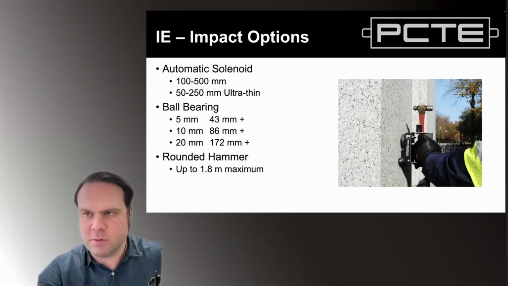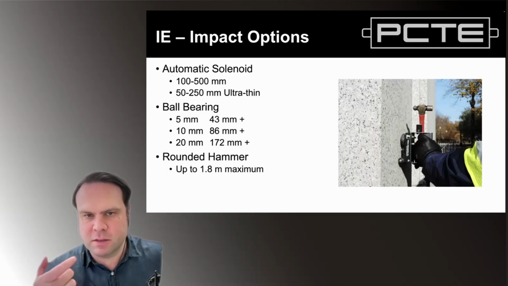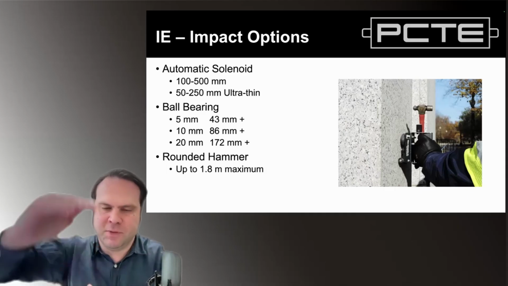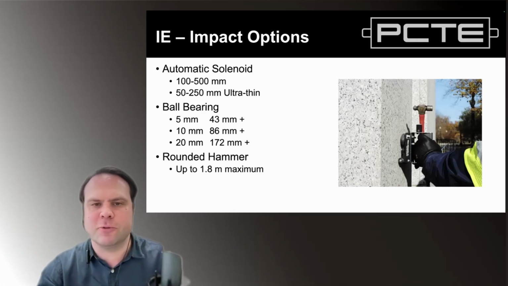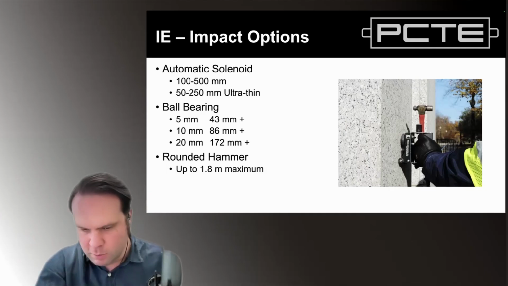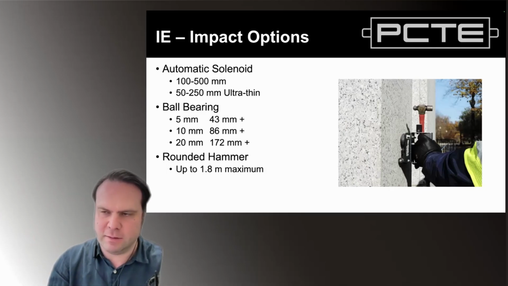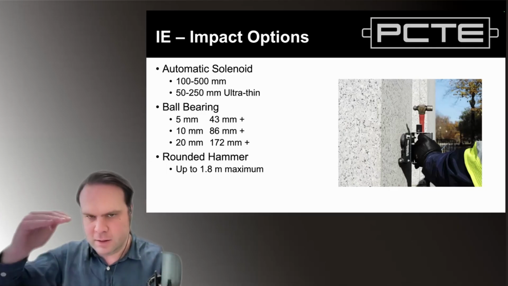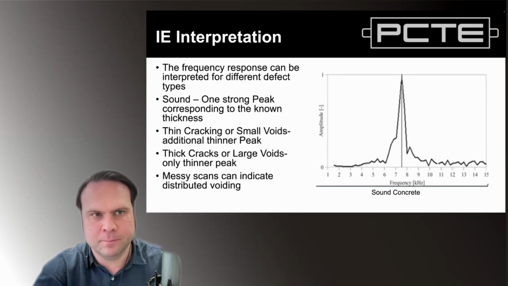Just as some general broad ranges, if we want to do the very thinnest tests, you need to use the smallest impactors. The bigger the impactor, the thicker the element you can test, but the less appropriate it will be for very thin elements, because the frequency induced will be more broadly suited to a thick, a medium thick, or a very deep test, depending upon the size of the hammer.